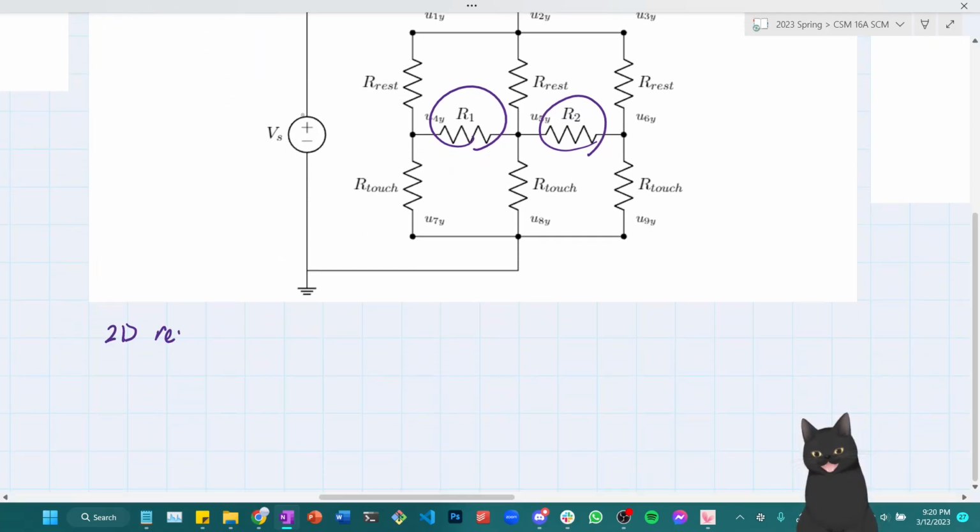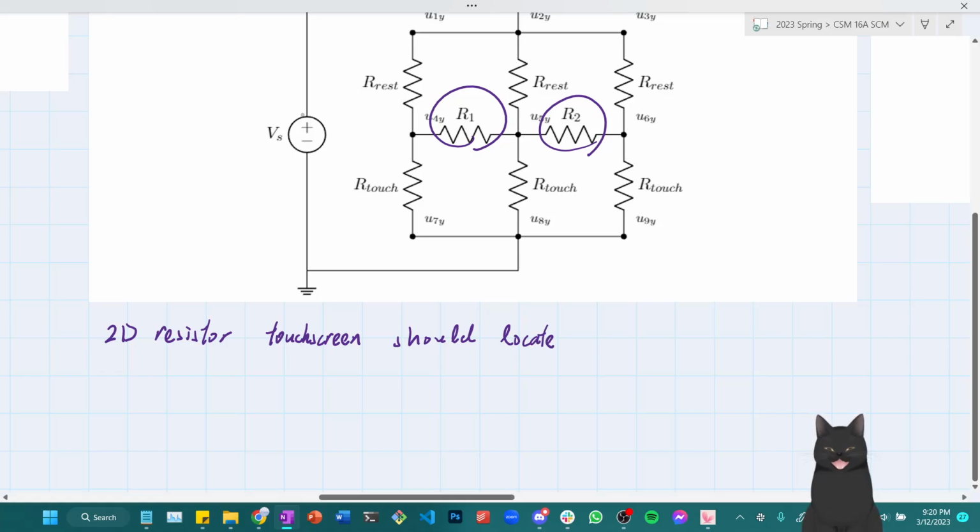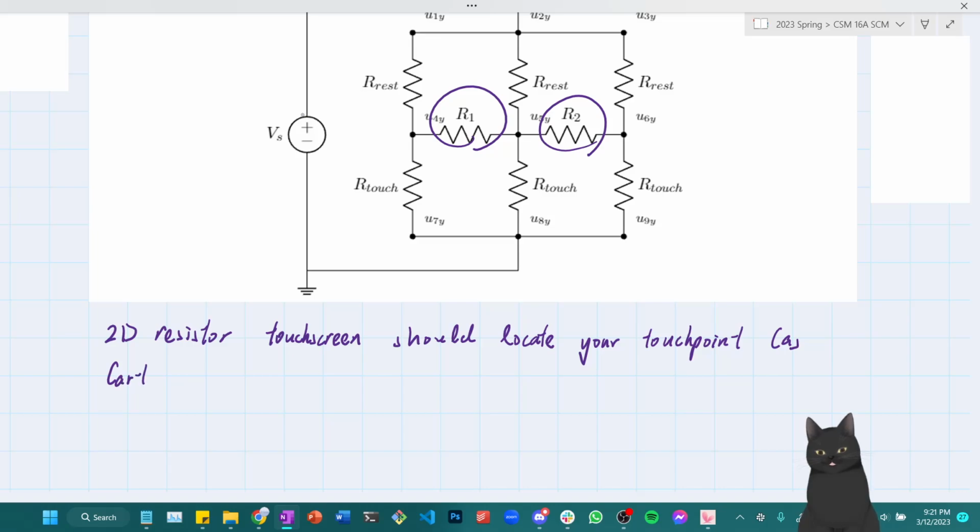So a 2D resistive touchscreen should locate your touch point. And that is what a touchscreen is expected to do. I know, you might be saying that. But how exactly do we locate this touch point? In this case, we're using Cartesian coordinates to locate your touch point.